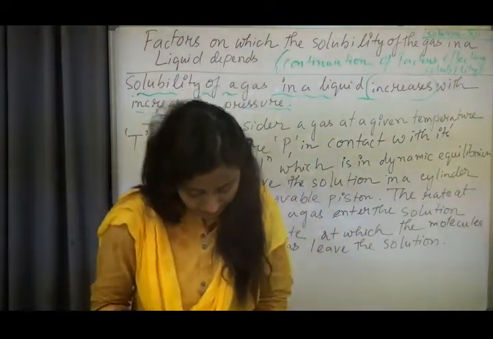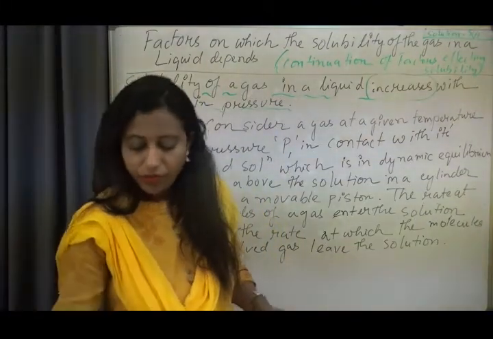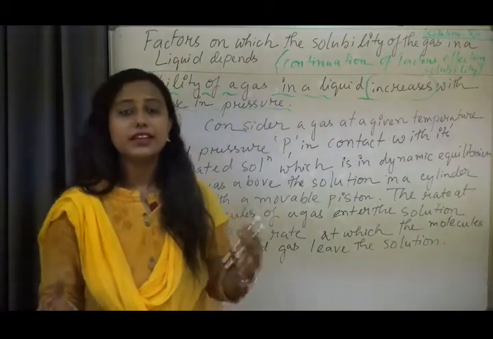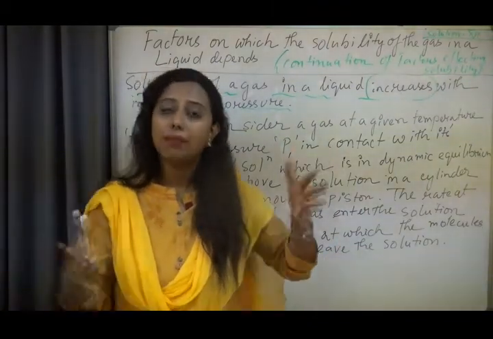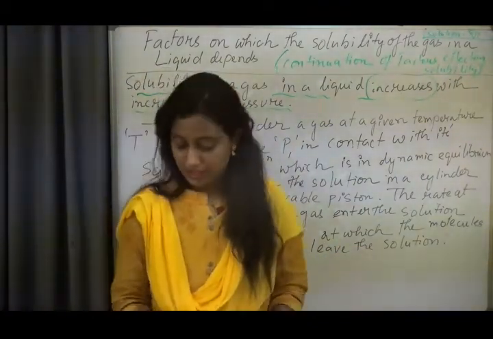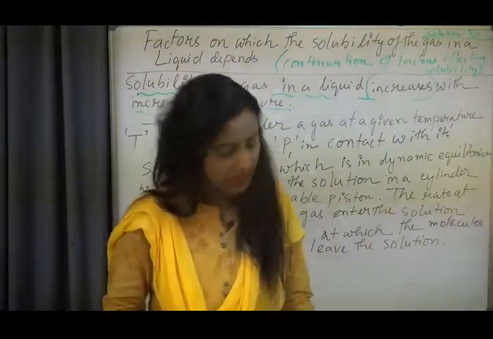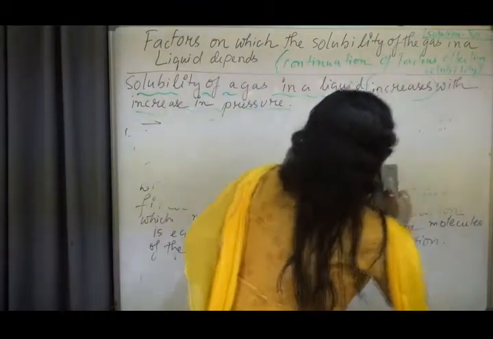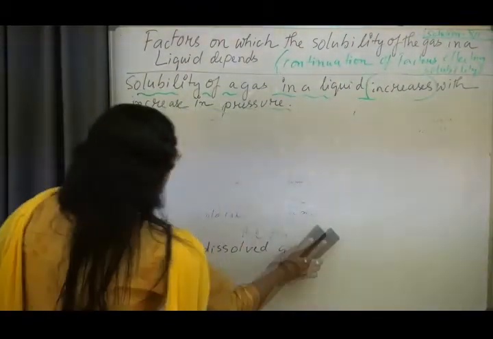So it can be stated that the volume of the gas decreases as soon as we apply pressure, and this can be shown with the help of a diagram which I am trying to draw in front of you.